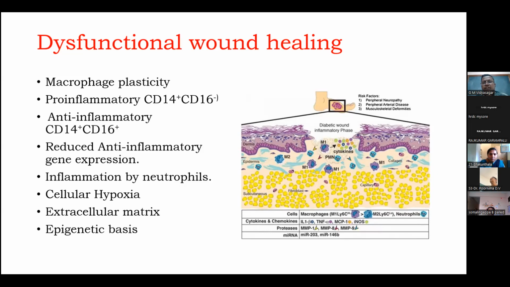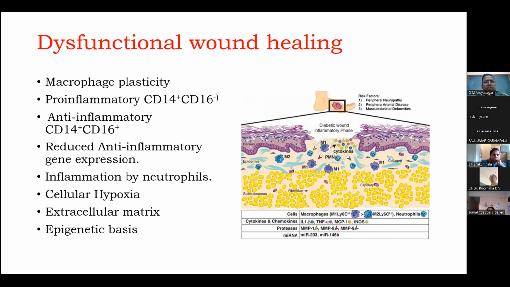In this case, when in presence of more sugar, it attains one stage and it remains stable in one stage, that is the pro-inflammatory stage, CD14 plus and CD16 minus. This is the pro-inflammatory stage where this particular stage of the macrophage remains for a longer period and continues inflammation.